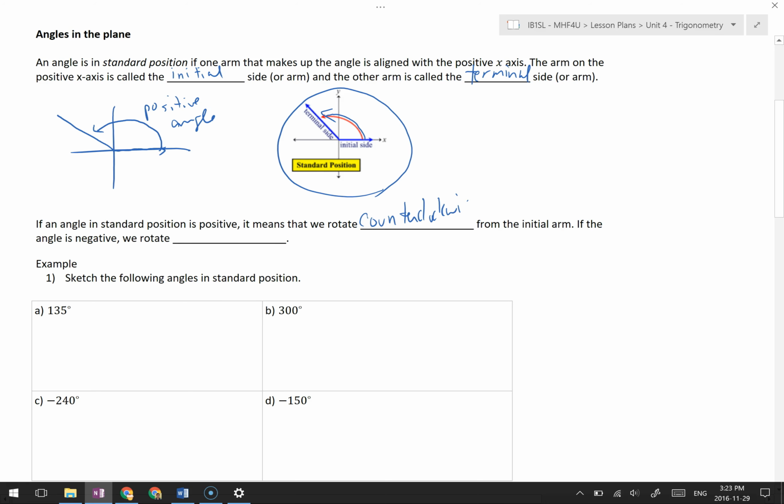And if we give a negative angle, well, all that means is we rotate clockwise from the initial arm. So this would be the same angle as the positive example if it were just made negative. So this is a negative angle. We rotated clockwise.